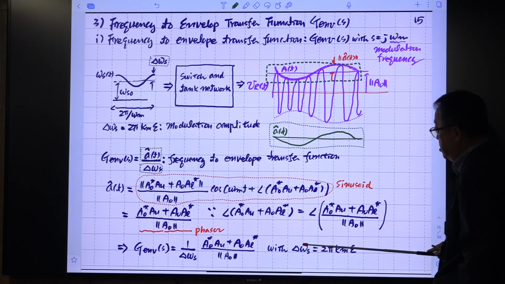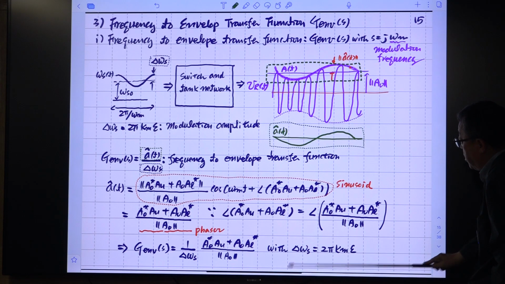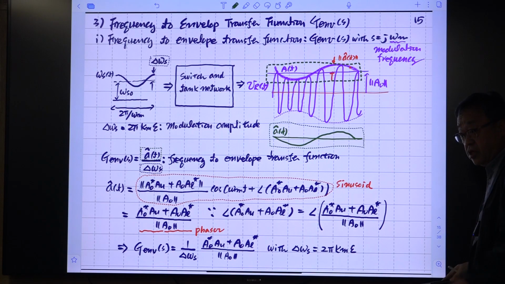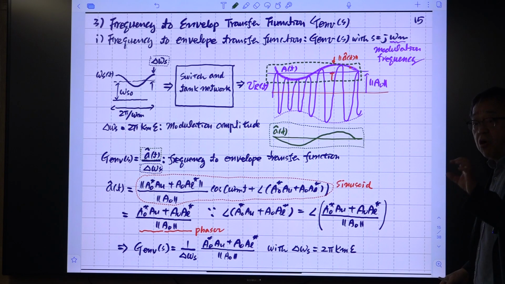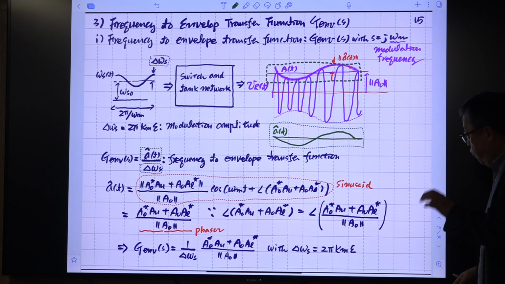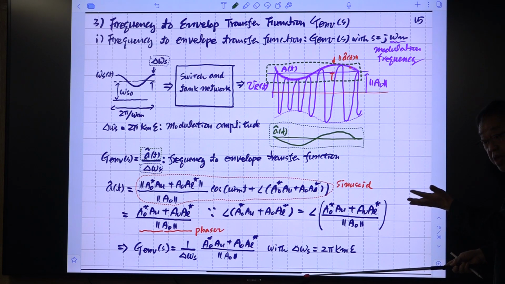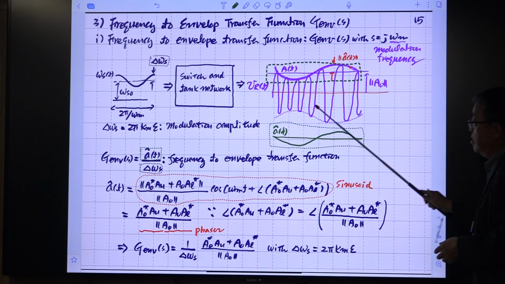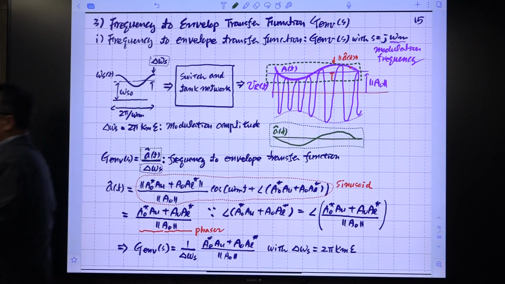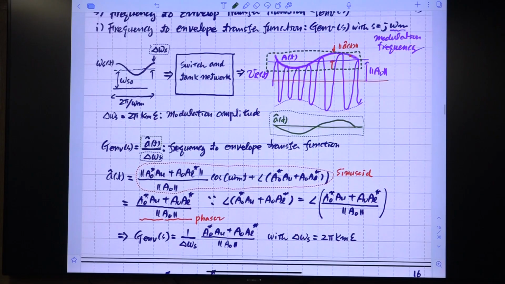And the input is this del omega s, which starts from this epsilon. Epsilon is the variation in the AC component of the control voltage, multiplied by Km, the ratio gain, and 2 pi to be transformed to omega, right? So now we have the expression of this.